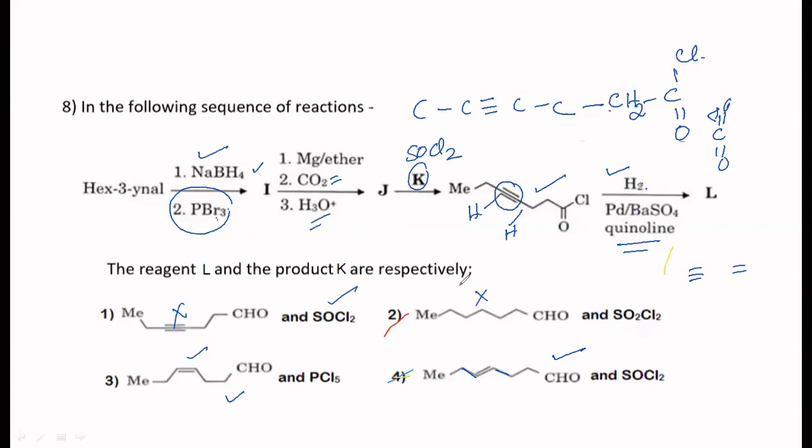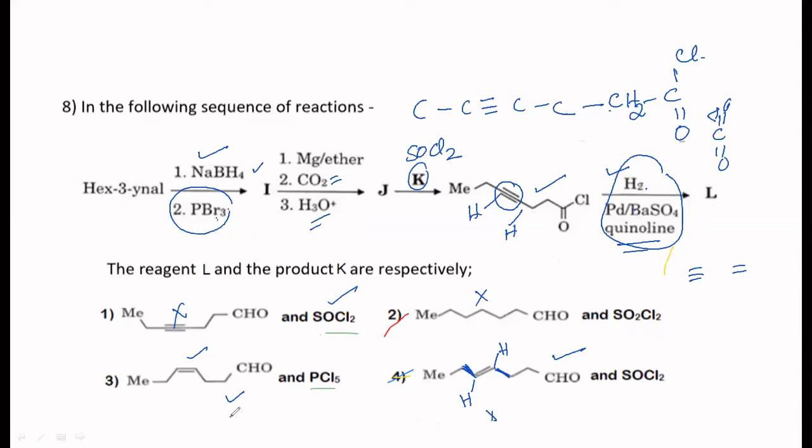Remember one thing, on the surface of the catalyst, if reaction happens, if you are getting an alkene, you end up getting only the cis isomer. Trans isomer is not formed. Here, this is trans. See here. Nothing is given, means this is hydrogen, this is hydrogen. Hydrogens are on the opposite side. So this is trans, isn't it? So on the surface of the catalyst, it should be cis. So you should be getting the cis isomer. Okay. So the correct option has to be option 3.